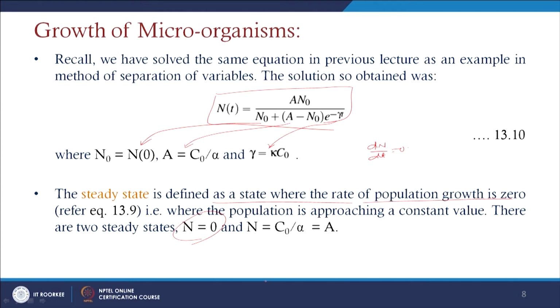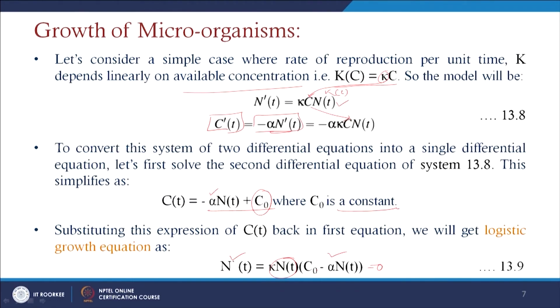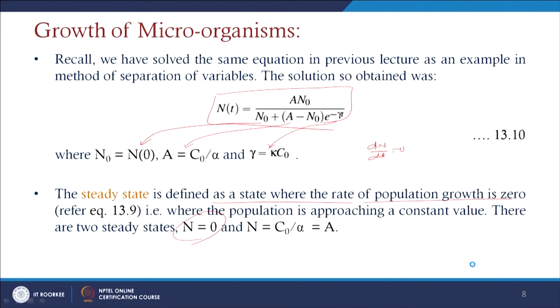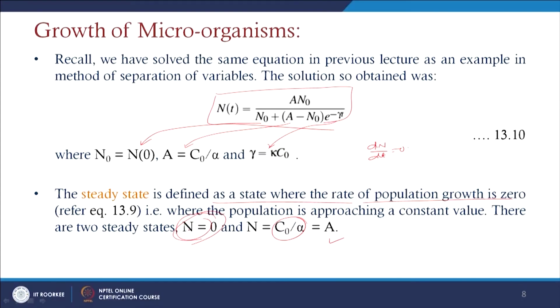For the other factor, c0 minus alpha n(t) equals 0, obviously n(t) can be written as c0 by alpha, the parameter we defined here. So the steady state is achieved either when n equals 0, or when n equals c0 by alpha, that is a.